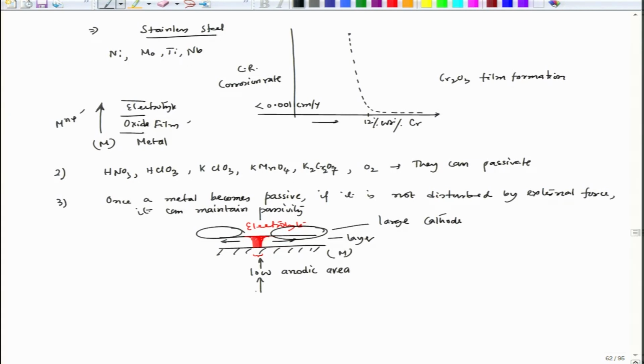So, we can have a very rapid pit formation and that pit growth could be autocatalytic in nature, and that can lead to failure or catastrophic failure of the material. So, one classic example is in case of stainless steel, where the breakdown of the film can happen locally, and once that breakdown happens at local positions, that local region will act as anode, and it is a small anode and a large cathode around that area.